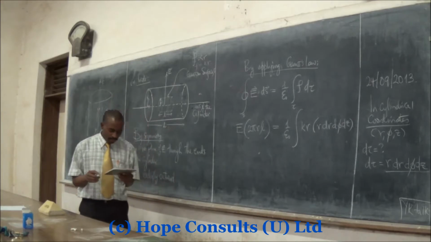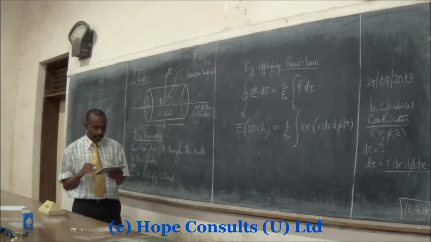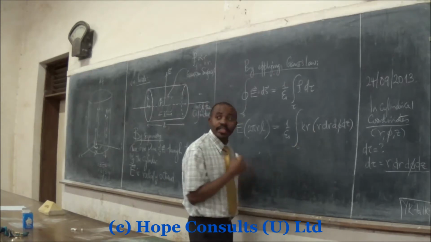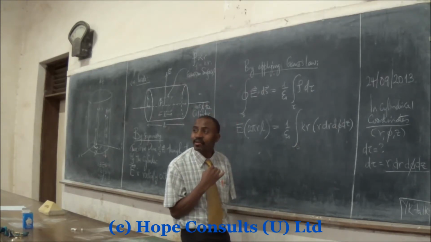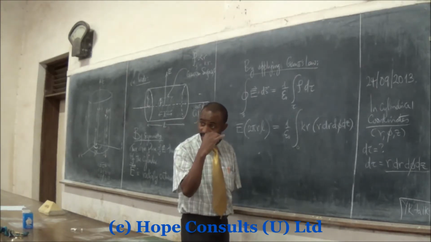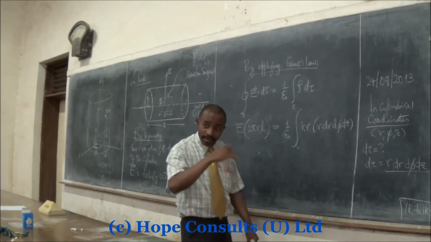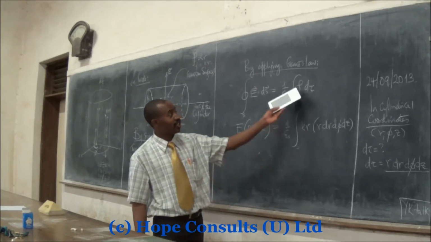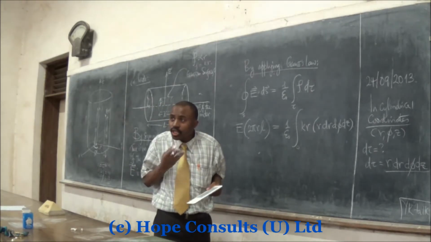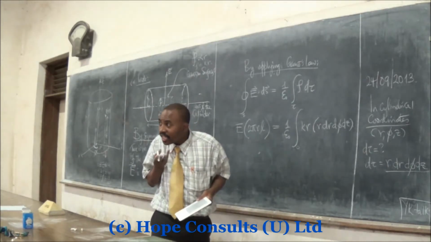In the book, you'll find that you are integrating from 0 to R, from the center of your cylindrical distribution to the surface of the Gaussian surface, because that's where you are feeling the charge density. Because we scooped that Gaussian surface from the cylinder.